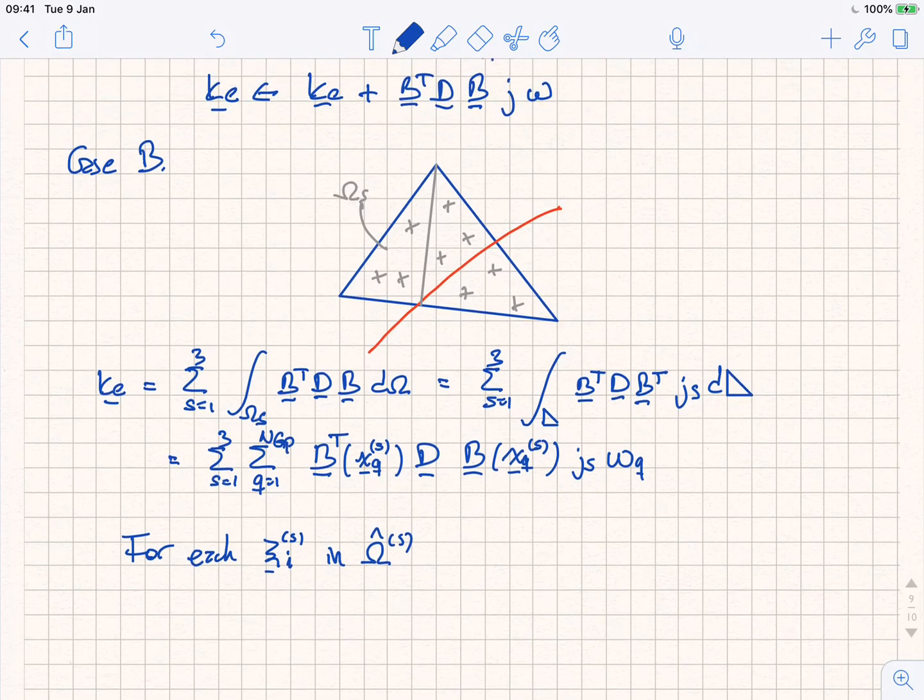So basically, if I take this as my integration element, well, I also have a mapping that takes me from that parent element to this element. So this is Q of psi I S. Yeah?